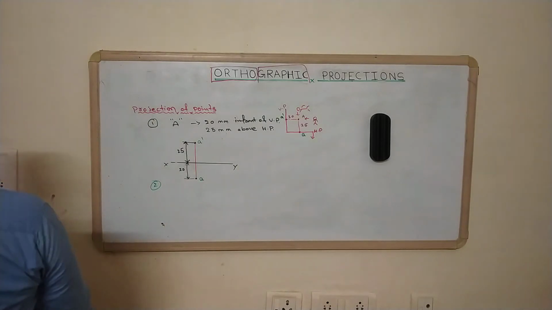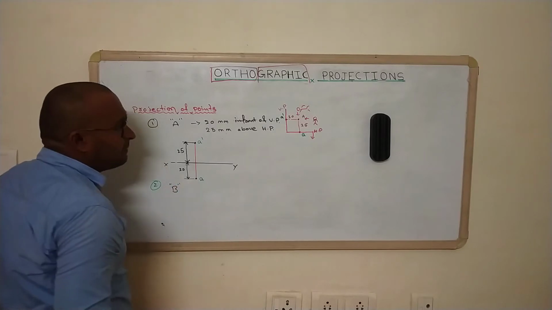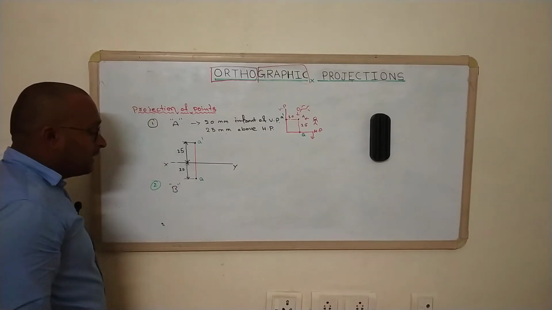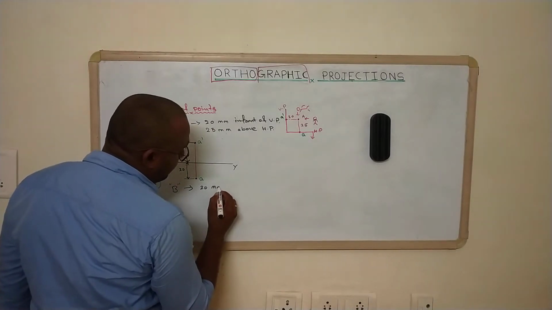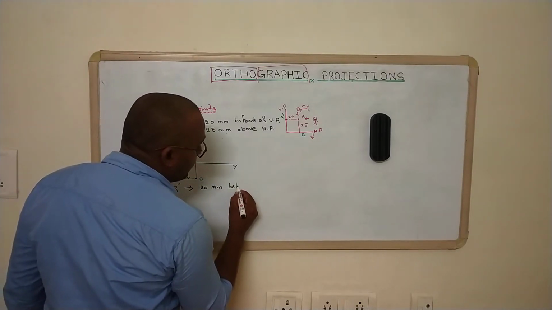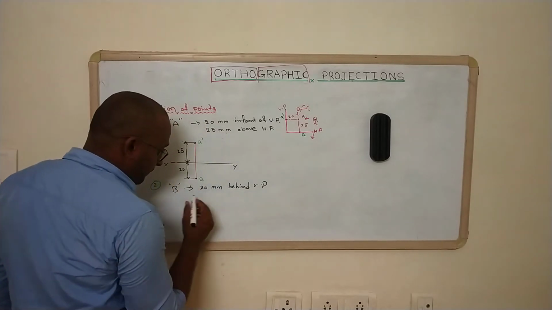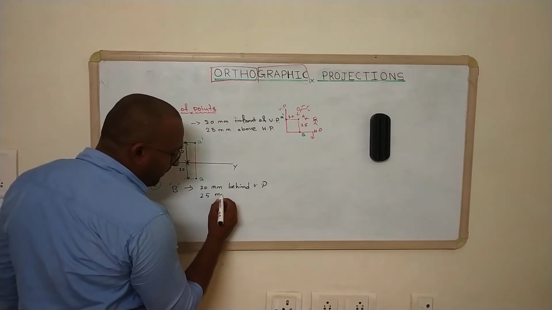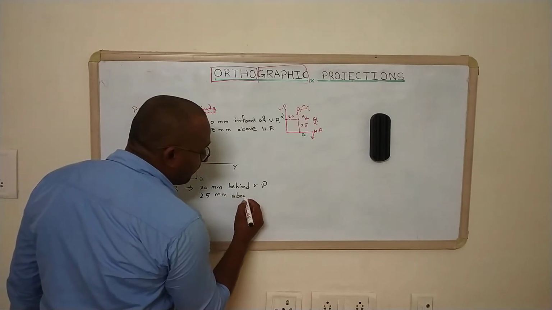If a point B is 20 mm behind VP, 25 mm above HP.